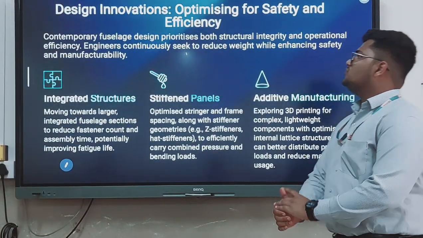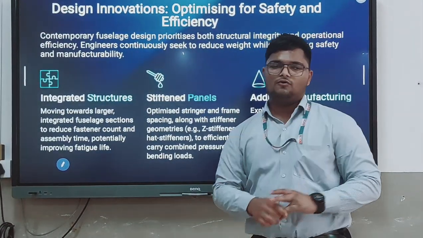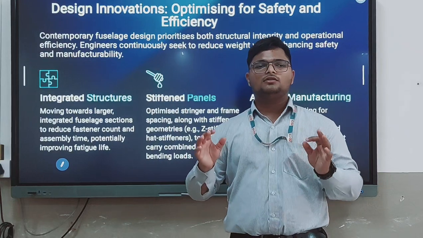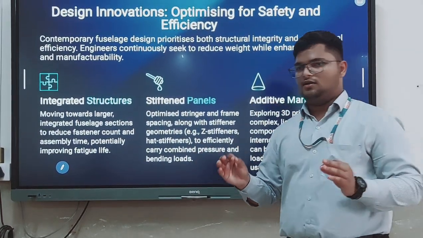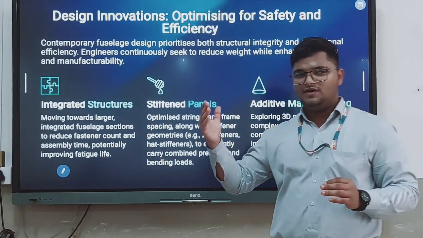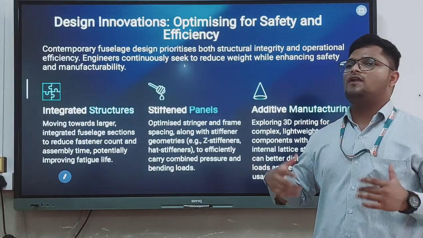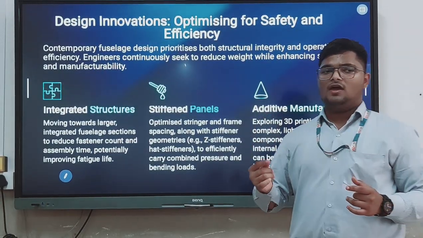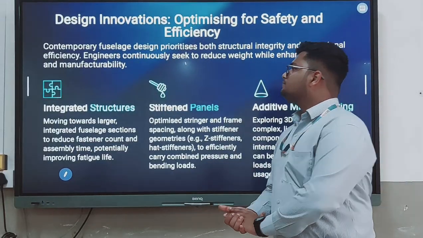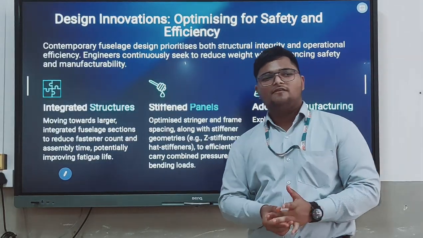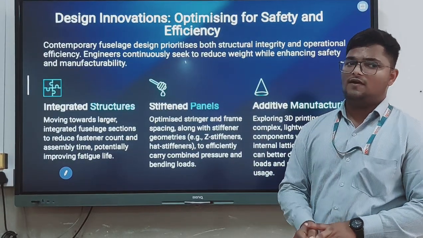Then we have design innovations, optimizing for safety and efficiency. Safety is the most important factor in aircraft. We are traveling 10,000 feet above, so we need to ensure that our flight is safe. We have 200 or 300 passengers to look after, and the engineers have made sure that safety is the most important factor.